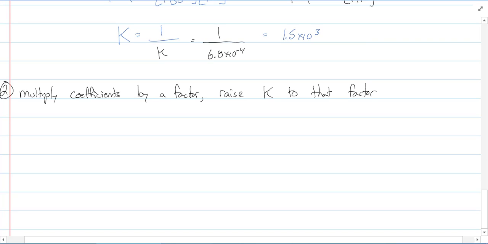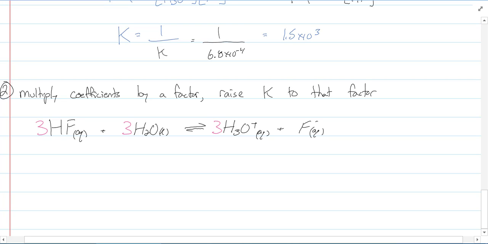Well, what do I mean? So let's go back to HF plus water going to H3O plus and F minus. And we're going to put coefficients. I'm going to put a 3 in front of them. Why would you do that? Well, we'll talk about that in 1 second.